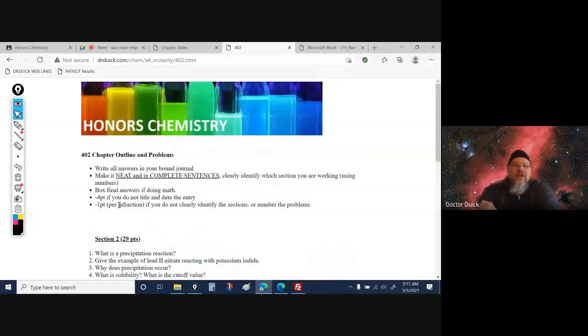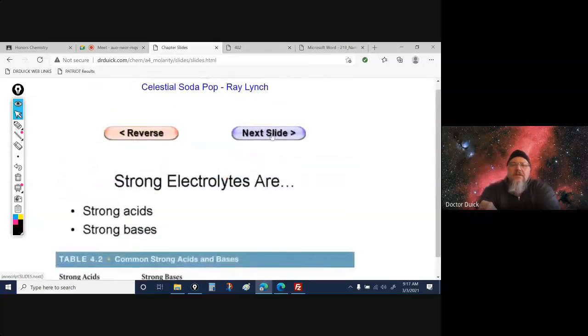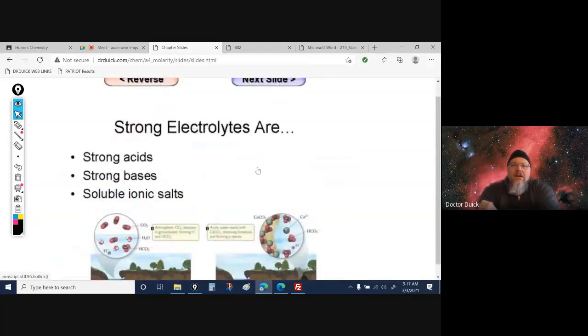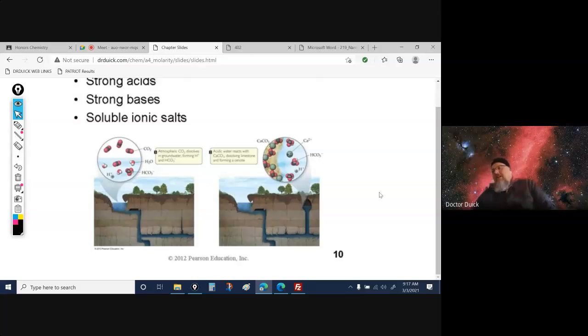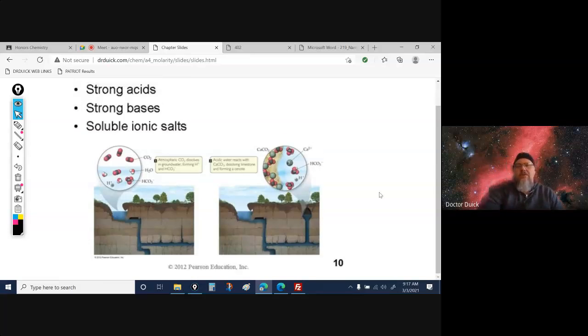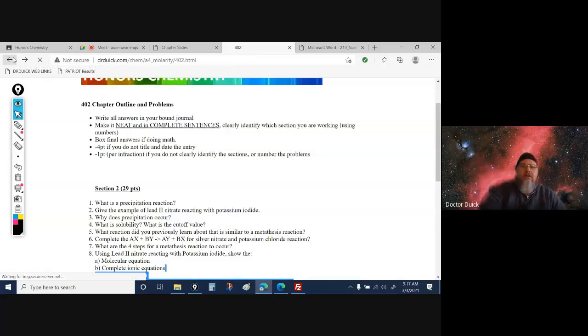This is sinkhole formation. You might know what a sinkhole is. It's really kind of cool. And it's one of the questions on this one, 401.